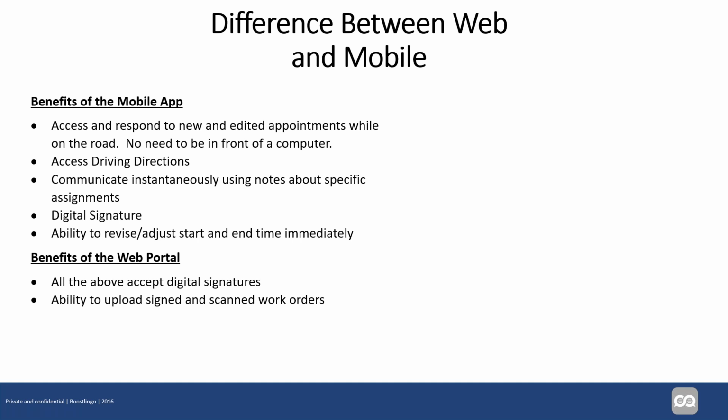But the goal is to eventually have everything that can be done through the web done through the mobile as well. An additional benefit of the web portal is the ability to upload expenses to assignments such as parking costs or toll bridges or any other type of expense that may or may not be approved.